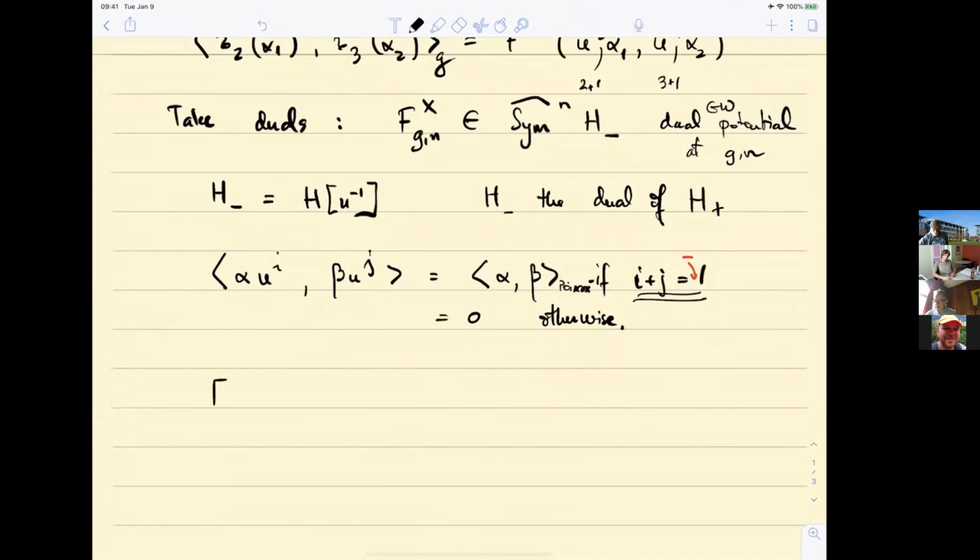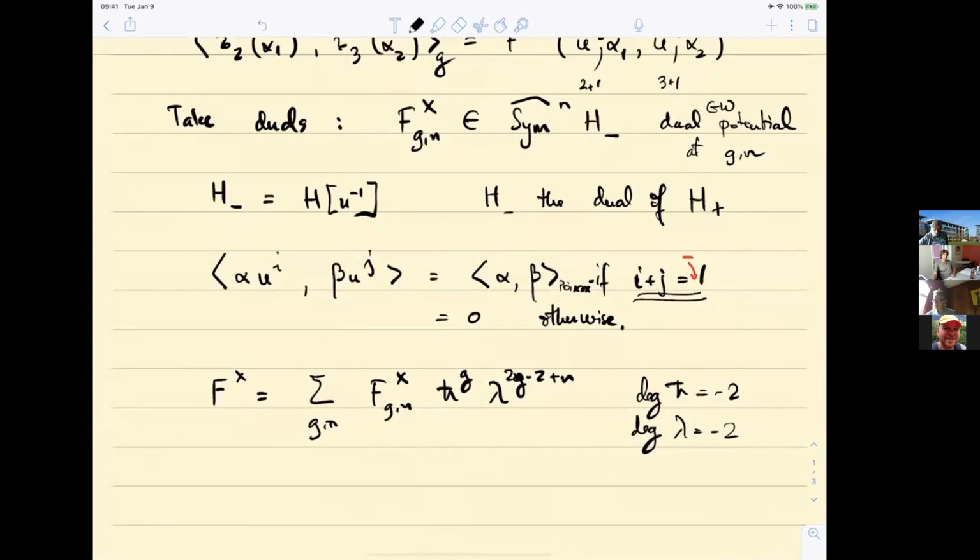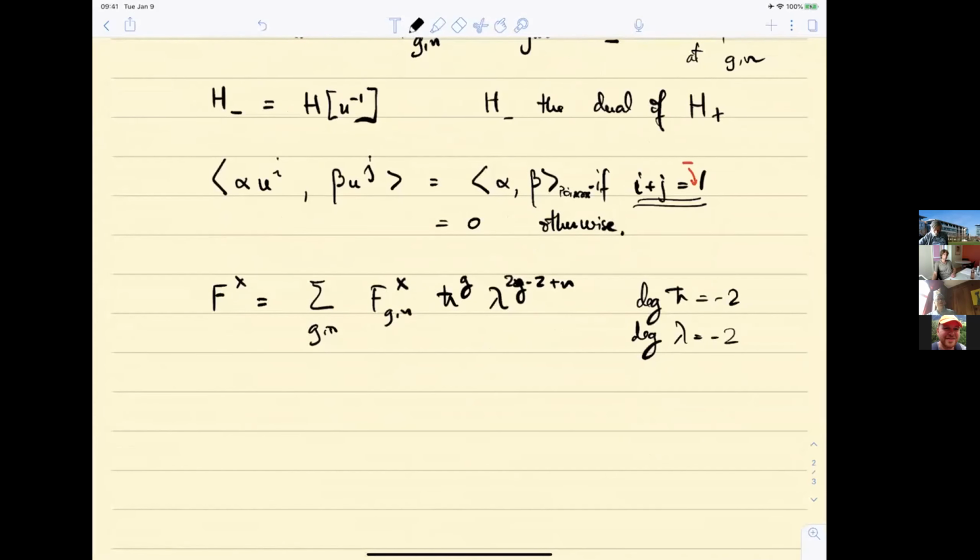So you define something called F_X, which is the following formal sum of F_{g,n} X. And you introduce 2 formal variables, one to keep track of genus and one to keep track of the Euler characteristic, 2g minus 2 plus n. Here, again, the degree of h bar is -2, and the degree of lambda is -2. All of those variables are nice and of fixed degree.